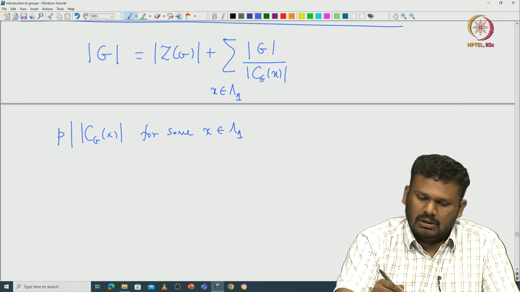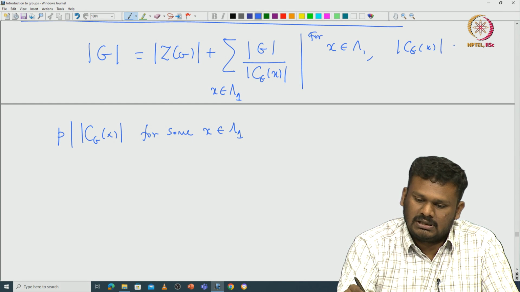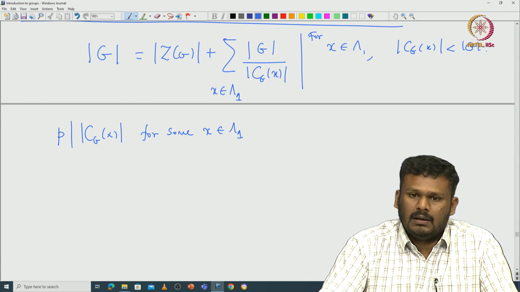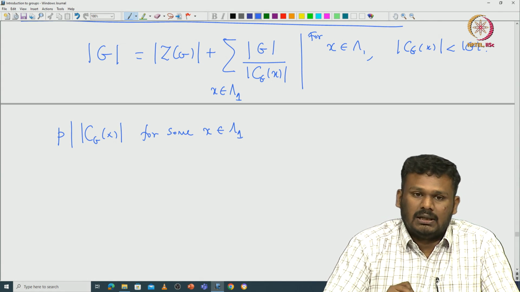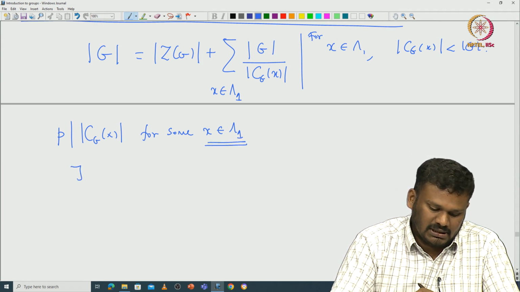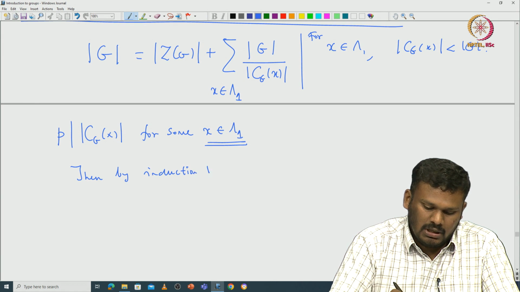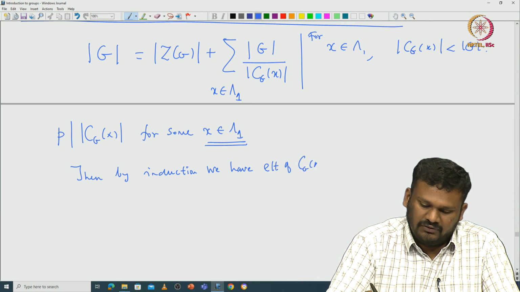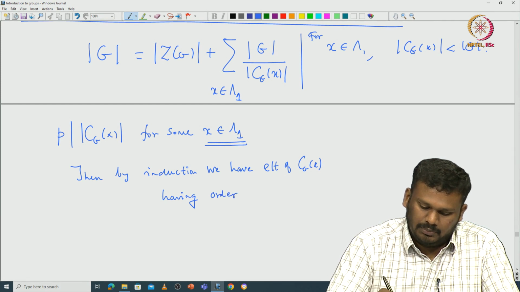Okay. So now how is this lambda 1 defined? For x in lambda 1, we have the property that the cardinality of C_G(x) is strictly less than the cardinality of G. So in particular, in case P divides the cardinality of C_G(x) for some x in lambda 1, then by induction we have an element of C_G(x) having order p.